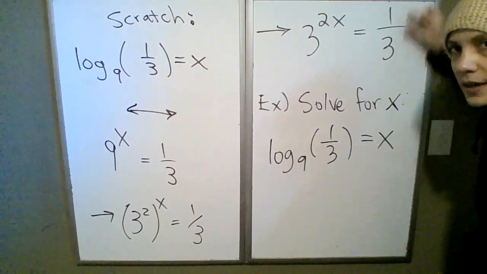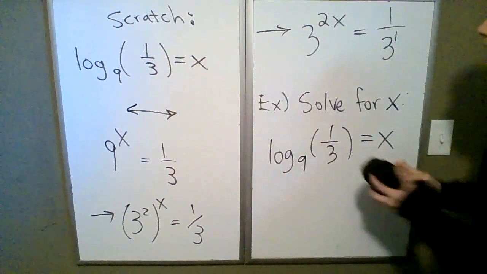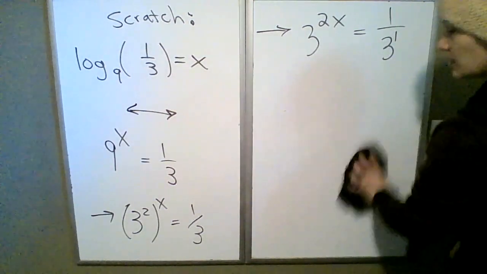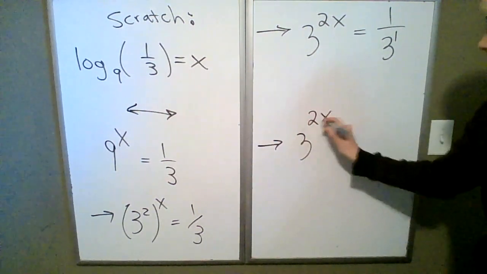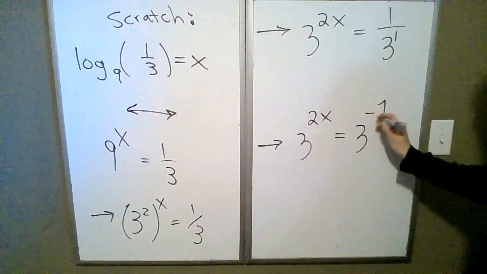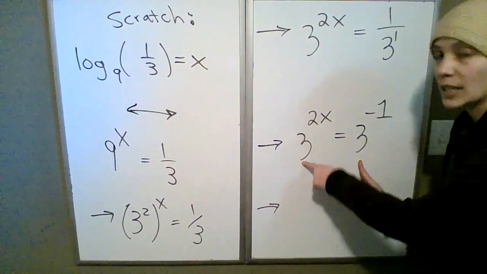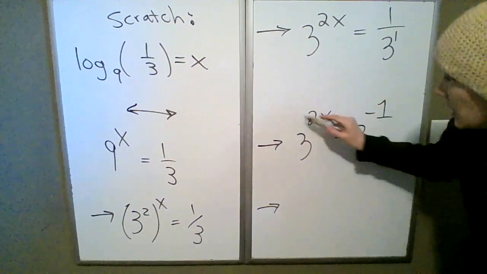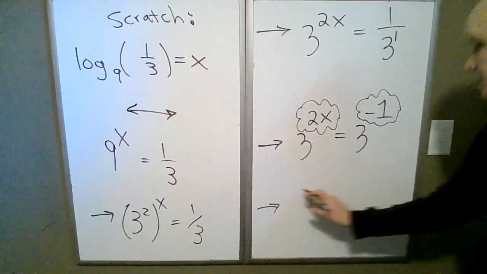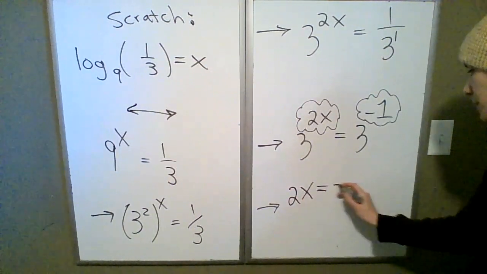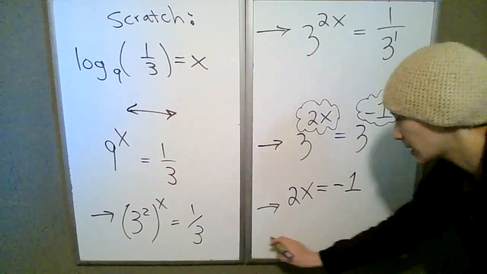Put this 3 up into the numerator, its power will become negative, but it has a power of 1, so we'll rewrite it as 3 with a power of -1. Now that I've got that base 3, the exponents have to be equal to each other. We need 2x to equal -1. Then divide both sides by 2 to get -1/2 equal to x.